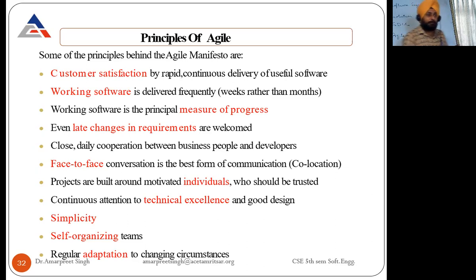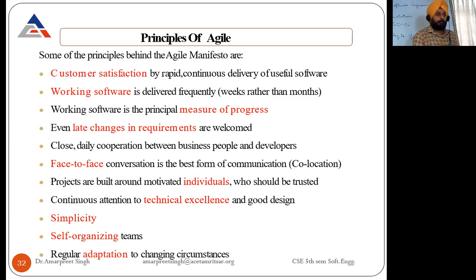So some of the principles behind the Agile Manifesto: the foremost thing is satisfaction of the customer. So how is the customer satisfied? Whatever requirement the customer wants is incorporated very fast, and the product after the changes is delivered to the customer very fast.